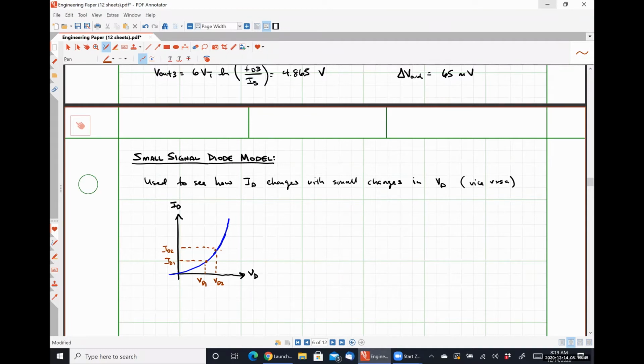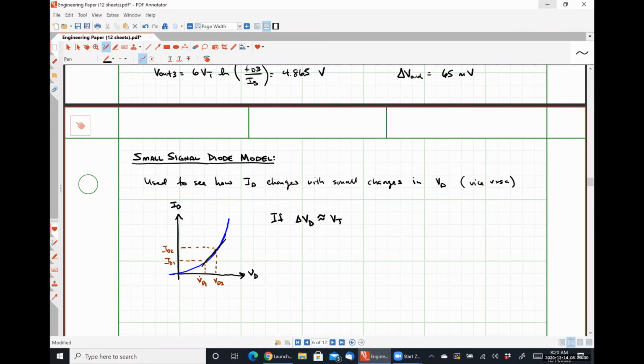So when we look at small variations in our diode voltage, so we're just looking at a very small part of our curve here, we can approximate this with a linear relationship, meaning instead of saying it exponentially decays there, if delta VD is approximately equal to VT, then I can approximate this relationship with a straight line.